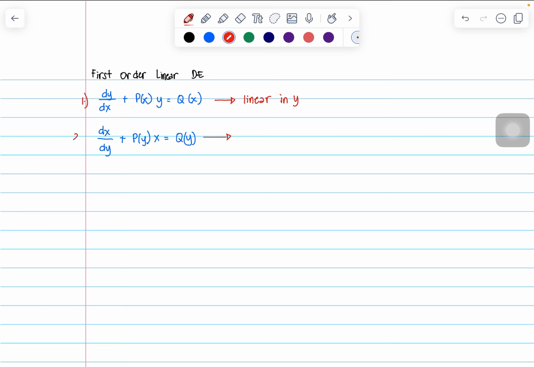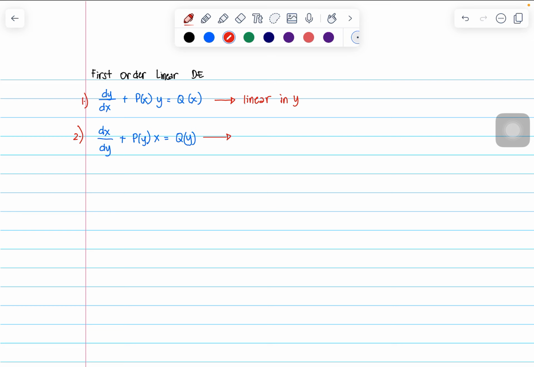Well, the other, as you can see, it's dx over dy. So baliktad siya. That's dx over dy plus a function in terms of y times x, or x to the power of 1.